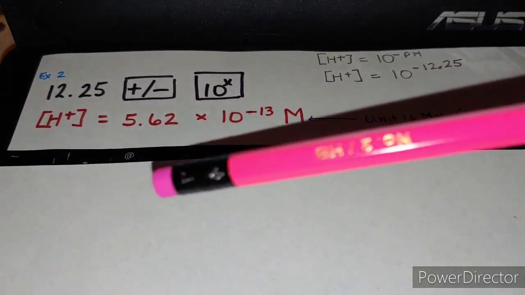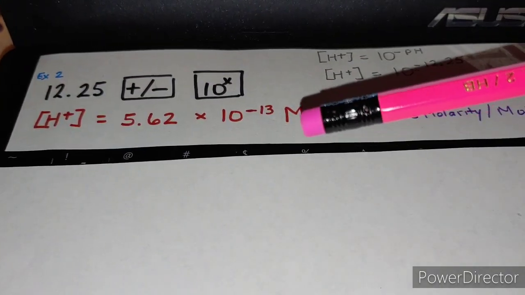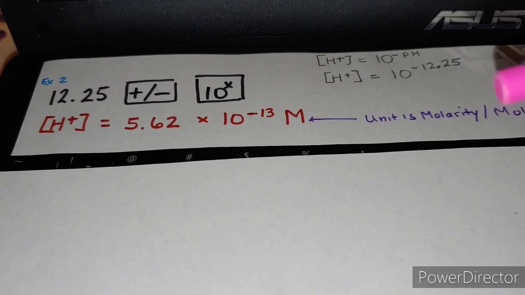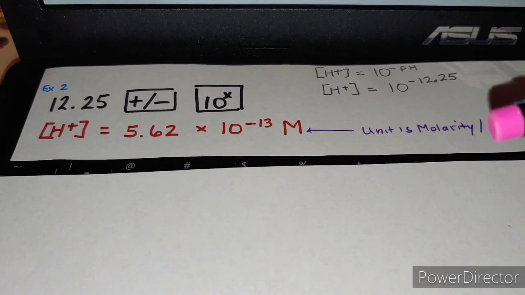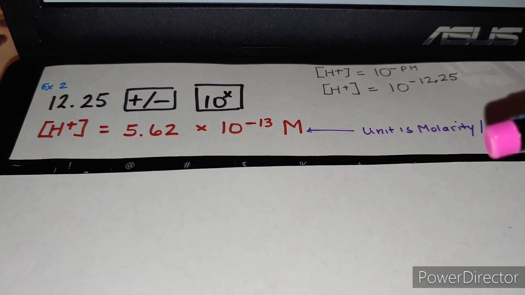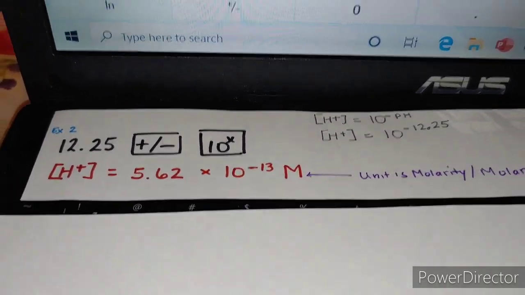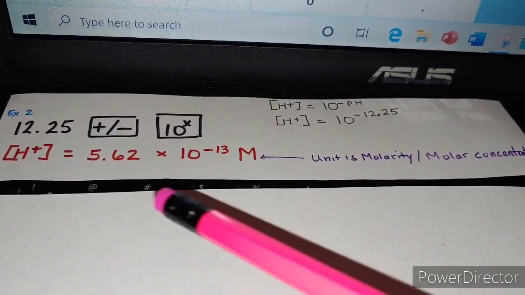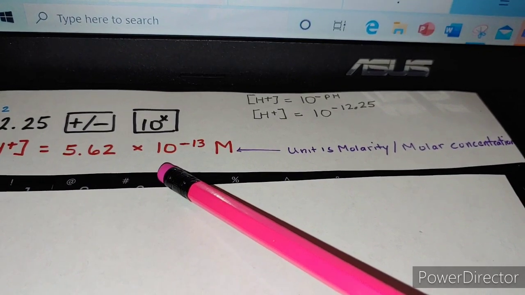Don't forget that because it is a hydrogen ion concentration, you're going to put an M in this case for its unit. Again, molar concentration. Something we did not do with pH, but we will do with hydrogen concentration in this case. Now, as far as was this an acid or a base, we're not going to look at the answer to see if it's an acid or a base.